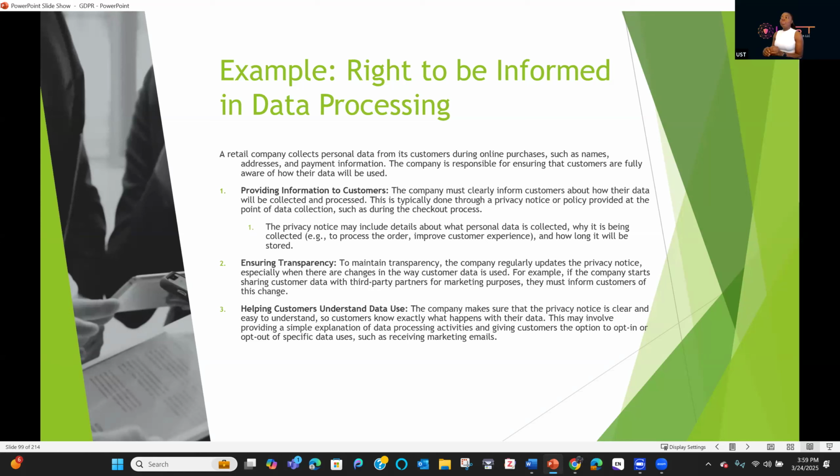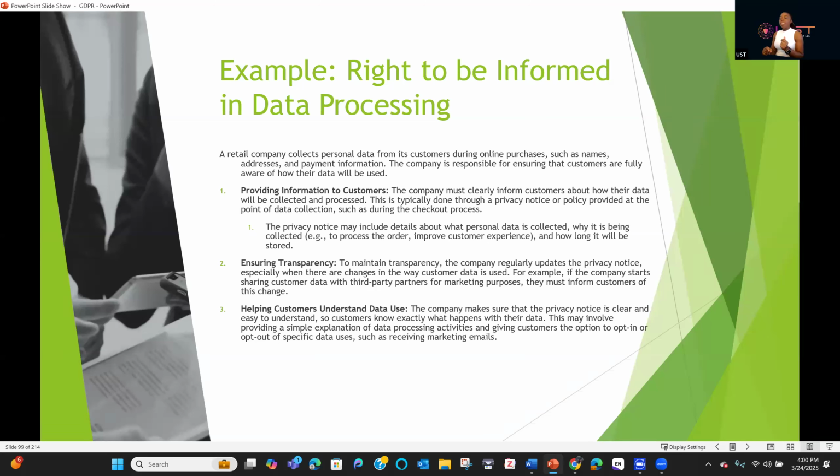This is typically done through a privacy notice. You get the point? A privacy notice or policy provided at the point of data collection, such as during the checkout process, right? You have the privacy notice at the initial phase where that data is being collected, then they need to know, right?